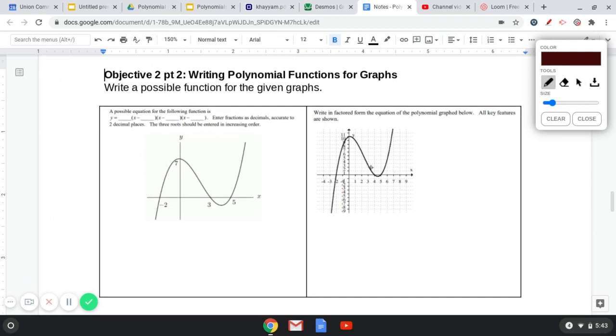Okay, and this is where we're going to use the roots. So we already actually talked about this. So write possible functions for the graphs. So possible functions, we can use our roots. But also, keep in mind, we go increasing to decreasing to increasing, so this could have a minimum degree of x cubed. So we can use our roots.